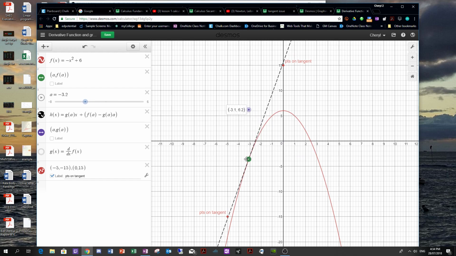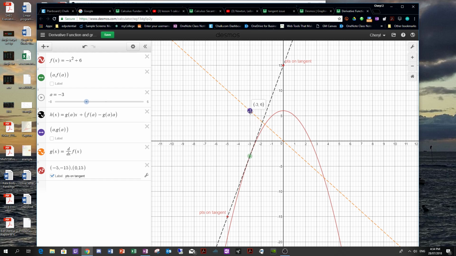So you can see that these purple points, if you watch them, are making a straight line that has a particular orientation representing the gradients. And I can just show you that this orange line becomes the gradient function. Because at x is negative 3, the gradient is 6.